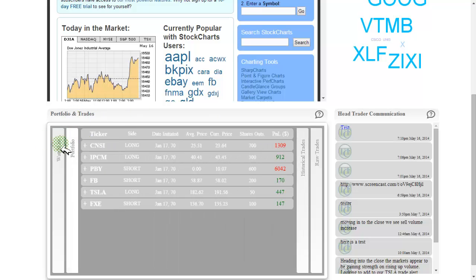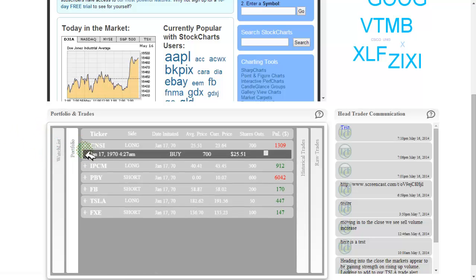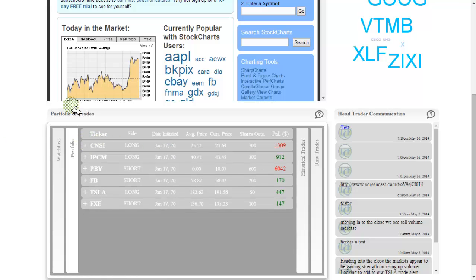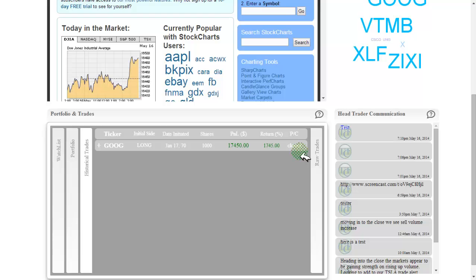Same thing with our portfolio. If you're new to the Contrarian Trader, you'll be able to click on the plus sign, and you'll be able to see when we opened up our position, how many times we added to that position, what our basis cost was, what our profit and loss is, what type of notes we have on the trade, and when we close out the trade, it will go to historical trades.